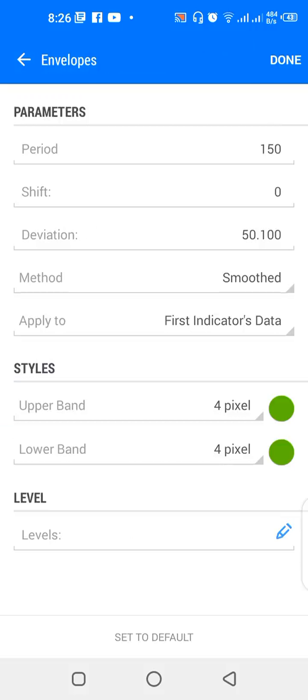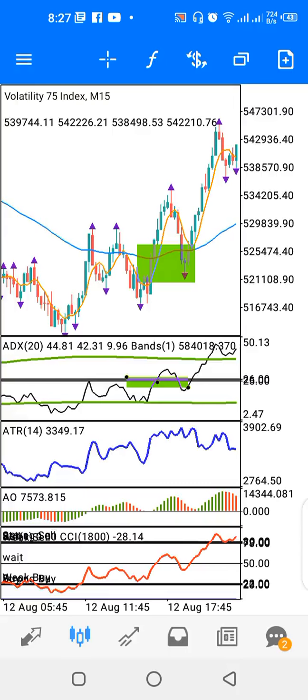The period is 150. Shift is 0. Deviation is 50.100. The method is smoothed. Apply to first indicator's data. Now the color of the upper and the lower band is green. So that's that for indicator window 1.